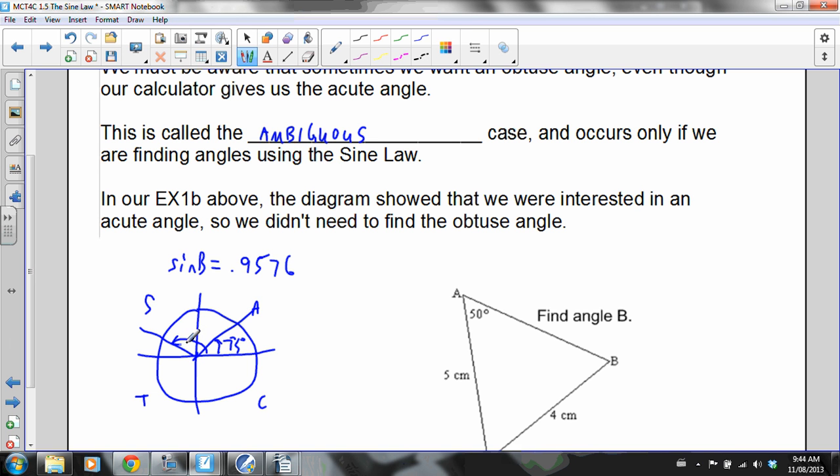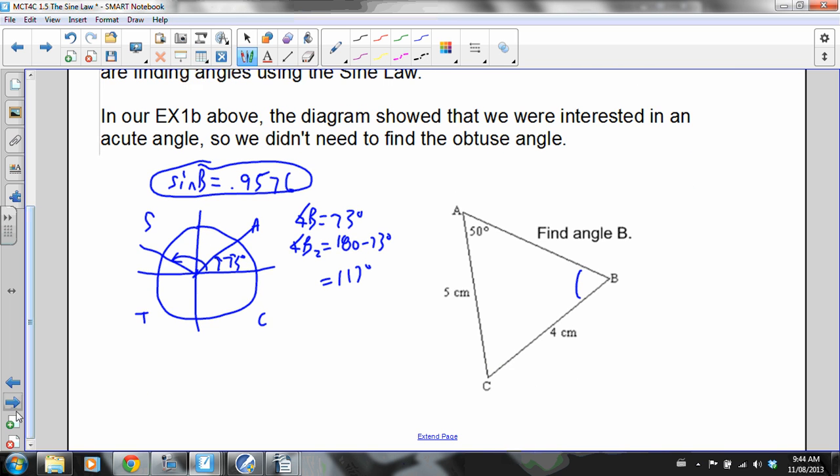But the second solution, I'll call it B2, why not, is an obtuse angle rather. But of course, that is an acute angle that we wanted. So that's why we just stuck with the 73 degrees. Angle B was 73 degrees. It was pretty clear we wanted the acute angle. But anytime we're using the sine law to find angles, we have to worry about this ambiguous case business.